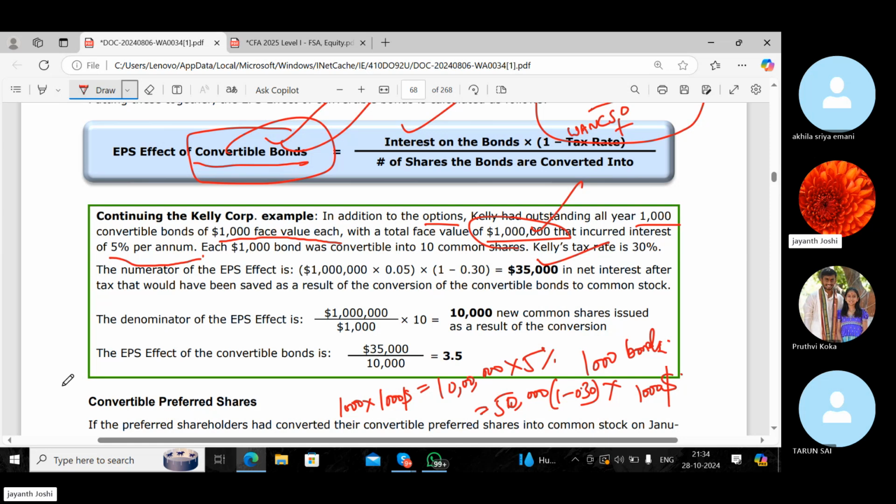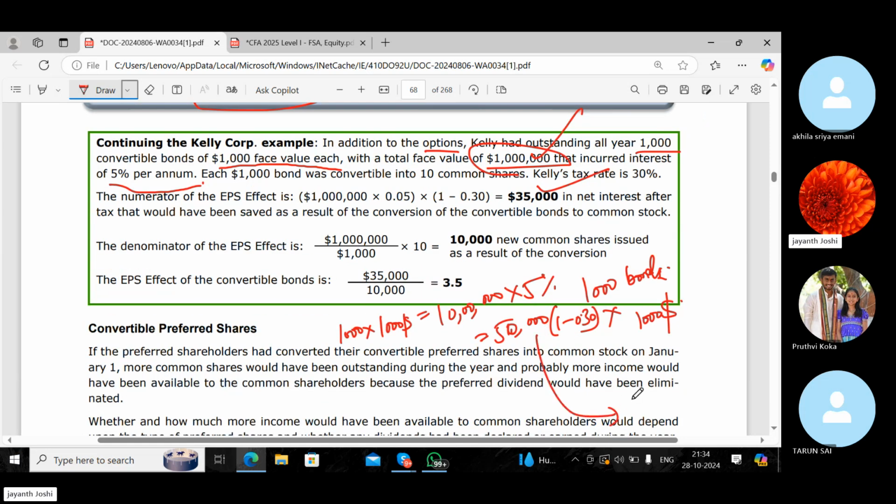So I get 35,000, because I take only 70% of this. Okay, so I got the numerator part. Now the denominator. So numerator is done. This would not be given to the bondholders. This belongs to equity holders now.